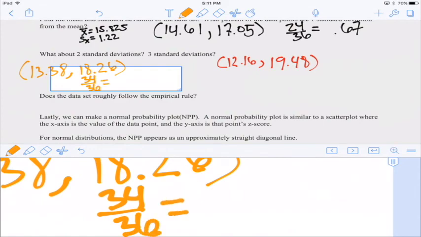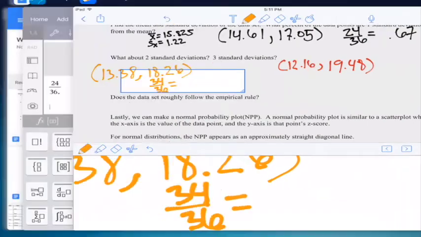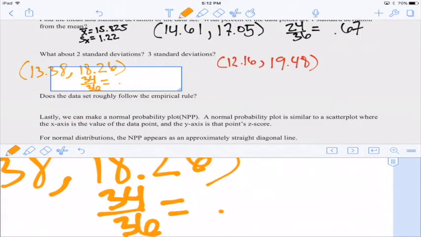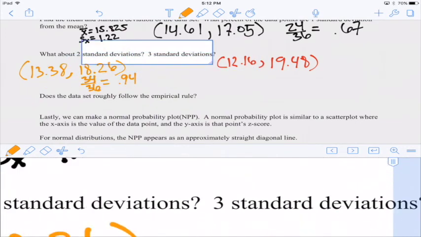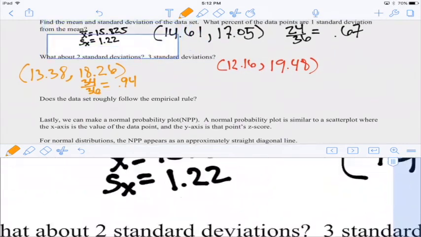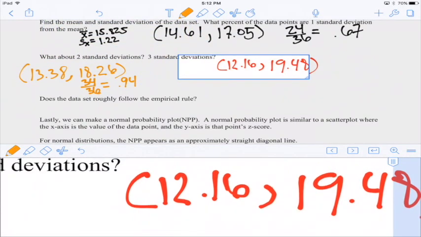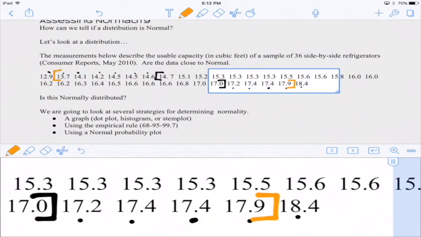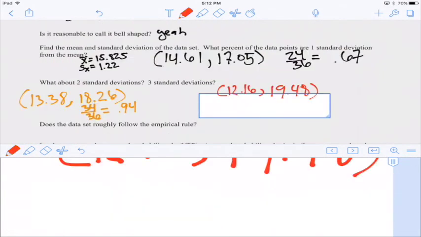So we're hoping that that's close to 95 to follow our empirical rule. So 94. So that's very close to 95. That's awesome. And then three standard deviations, again, three standard deviations above and three standard deviations below. So let's see, 12.16 and 19.48, that's all of them. So this is 100%.